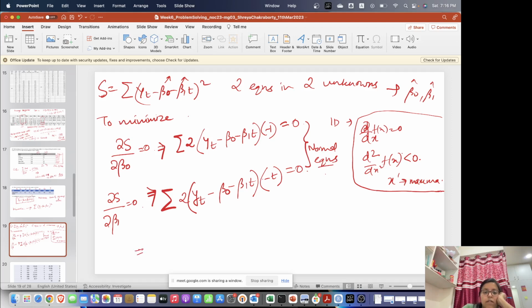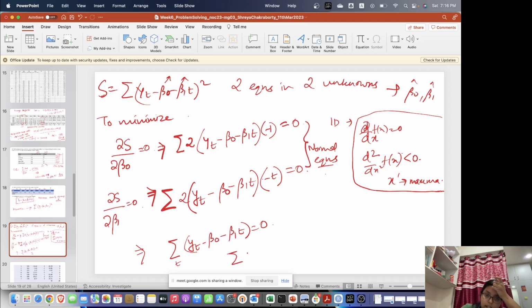So if we solve the first two, then what am I getting? Summation of yt minus beta naught minus beta 1 t equal to 0. This summation is over t, this we should remember.